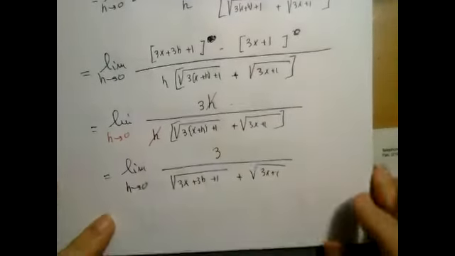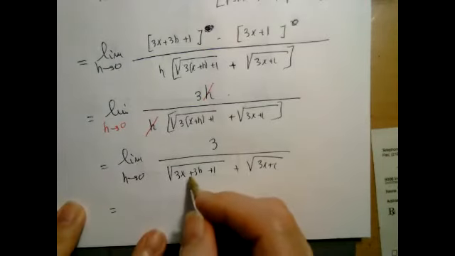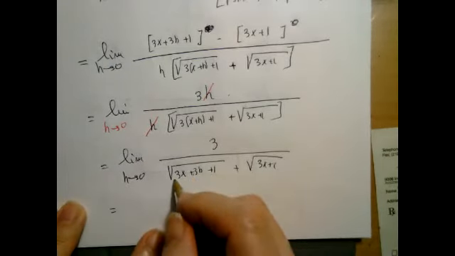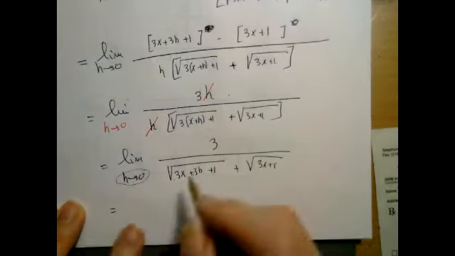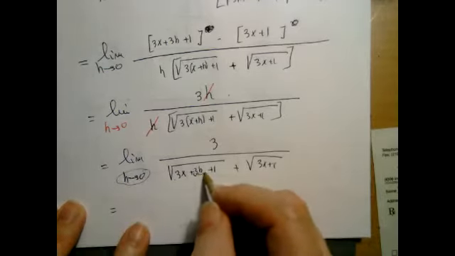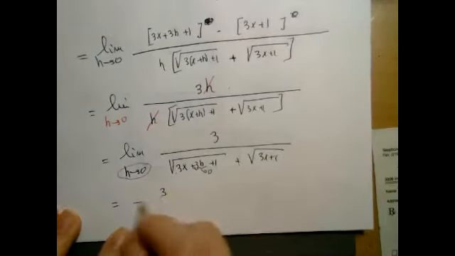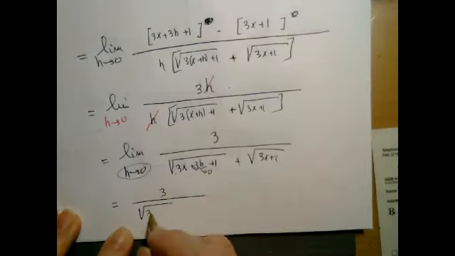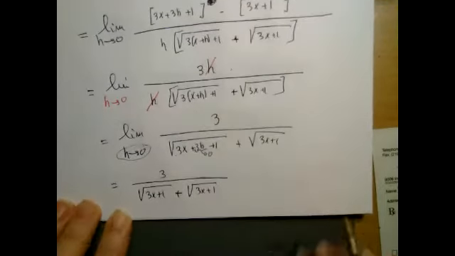My h goes to 0. Very good. So what is this equal to finally? When h becomes very small, x is fixed. x is not changing; it's the h that's changing here. When h goes to 0, this term goes to 0. So I will have 3 over the square root of 3x plus 1 plus the square root of 3x plus 1.